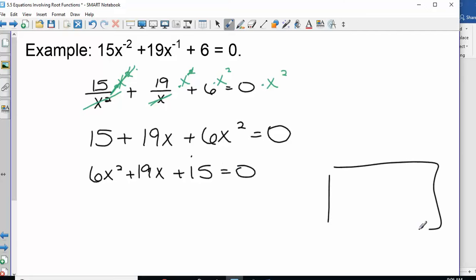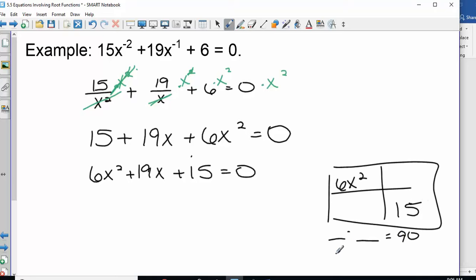No. Okay, so those multiply to 90 and add to 19. Factor, we can take out 2x and a 3. 3x and 5.